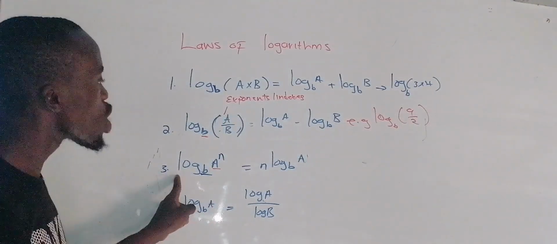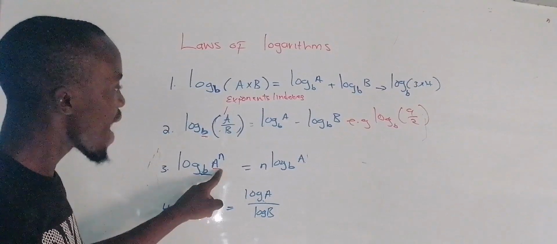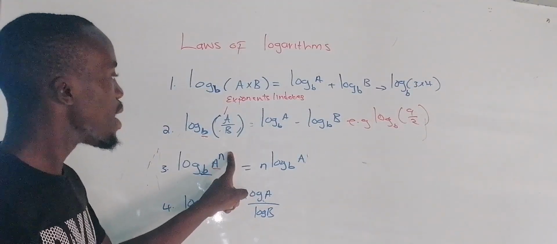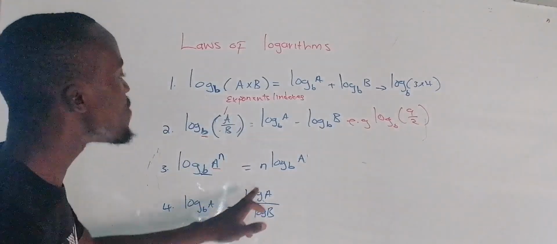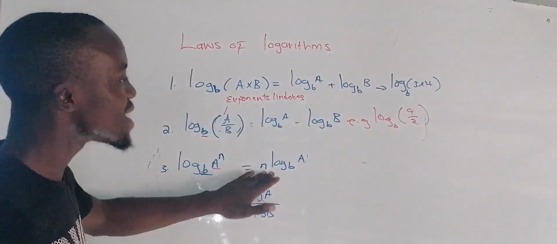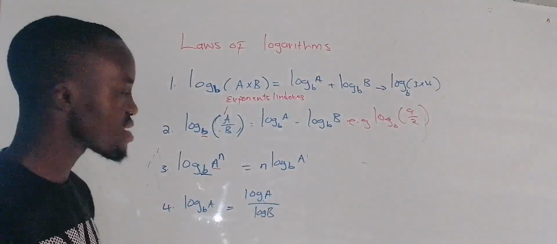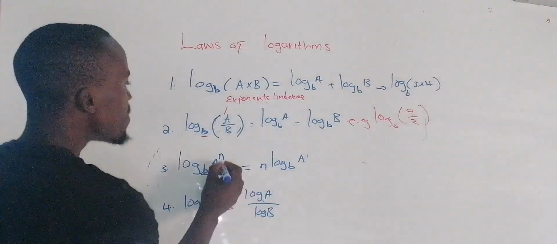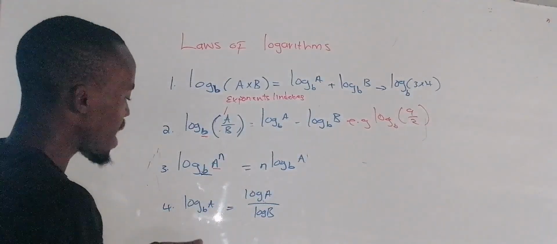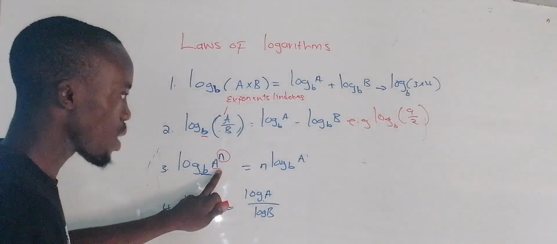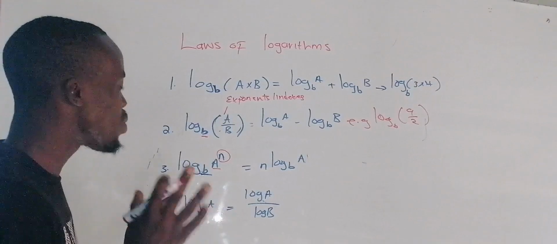Meaning that the log of an exponent and another added exponent equals the coefficient, or the added exponent now becomes the coefficient of the logarithm. I don't know if you understand that. Remember, this is an added exponent, because the exponent that we are working with here is this one. We don't want two exponents in one log.